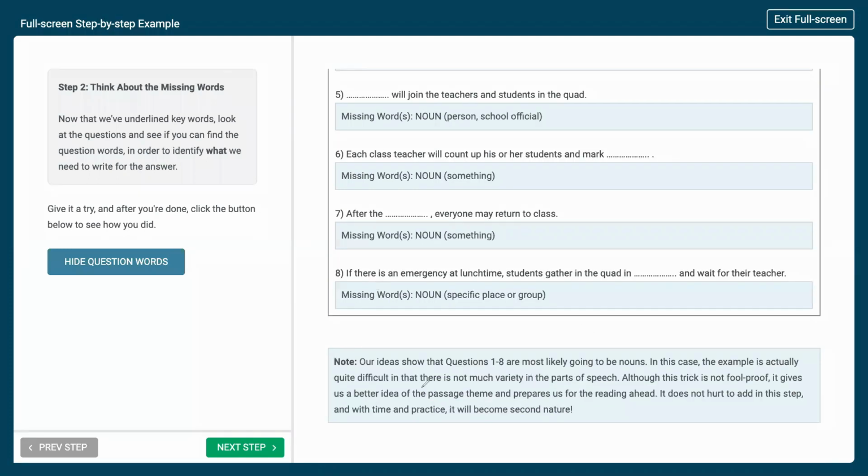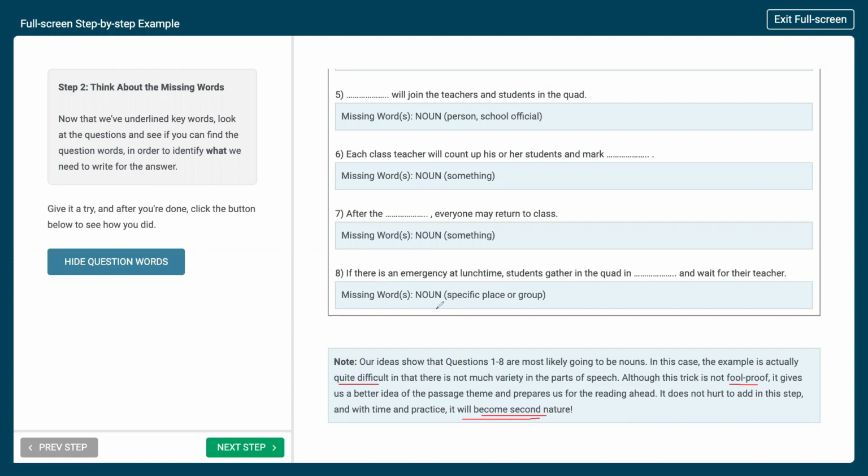This is exactly what I explained before. It's quite difficult because there's not much variety. And again, this isn't foolproof, so we're not 100% sure that all of these somethings and places and persons will be correct. We do have to verify it with our passage, but the more you practice and the more time you have in your strategy and time to spare, this will definitely become second nature.